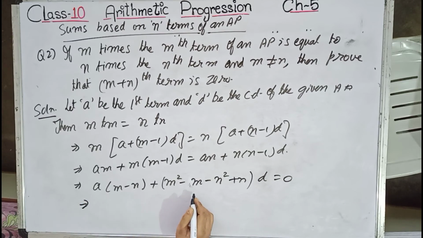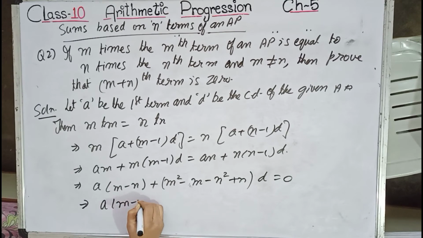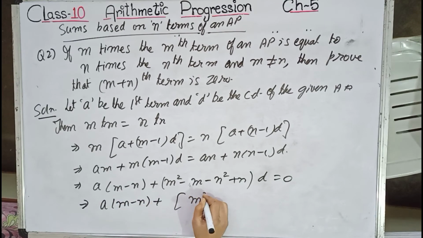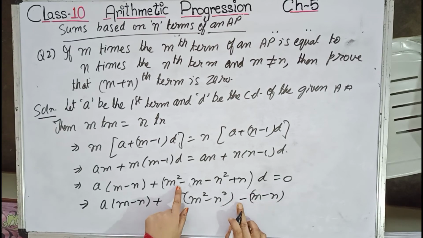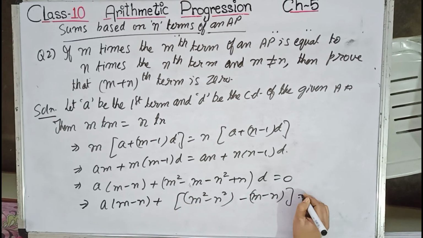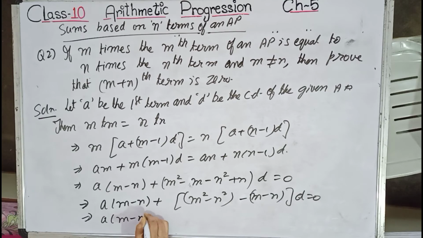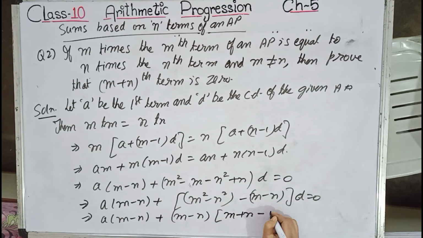This implies a into m minus n plus m square minus n square minus m minus n. If I take minus outside, then m minus n I can write over here into d equals 0. This implies a into m minus n plus, in these two terms m minus n can be taken outside, so left in the bracket will be, for m square minus n square, m minus n into m plus n, so m plus n is left, and over here only 1 is left, so into d equals 0.